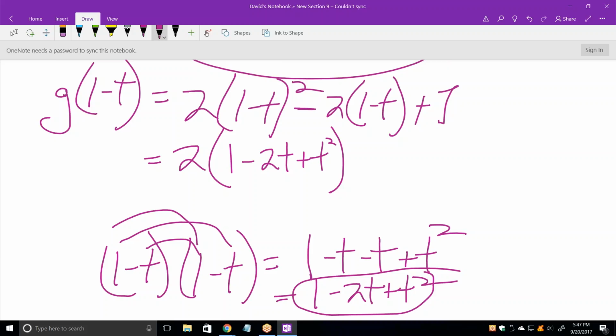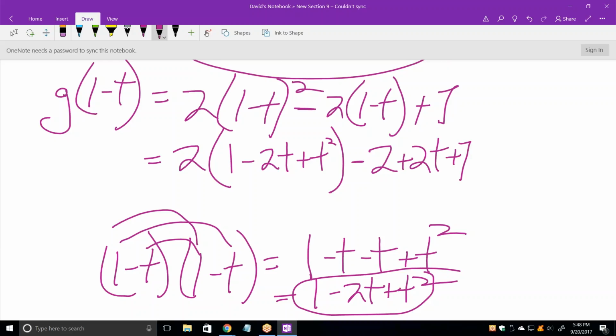And now distribute this second 2 and remove the parentheses. So would we get negative 2 plus 2t? Correct. Plus 7. Yeah.